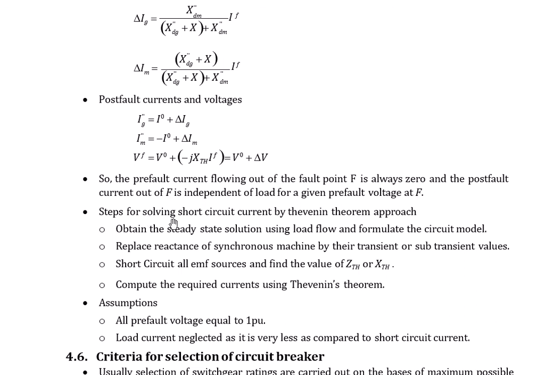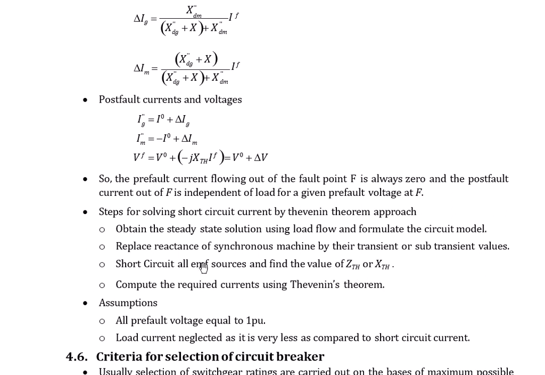Okay, so the steps for solving short circuit current by the Thevenin theorem approach are: obtain the steady state solution using a load flow and formulate the circuit model, replace the reactance of synchronous machines by their transient and subtransient values, then short circuit all the EMF sources, find the ZTH or XTH, and compute the required currents using Thevenin's theorem.